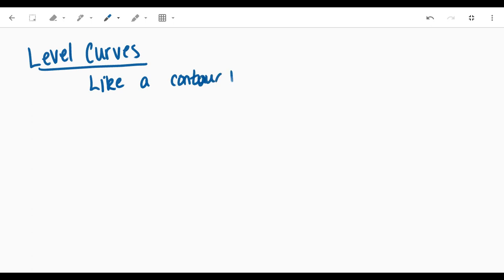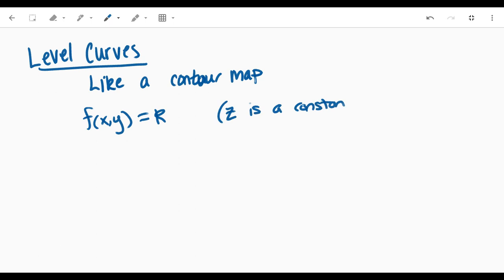So you have your f of x, y. You just set that equal to some constant. And then think about at that height, because remember that's z. At that height, what does your curve look like?